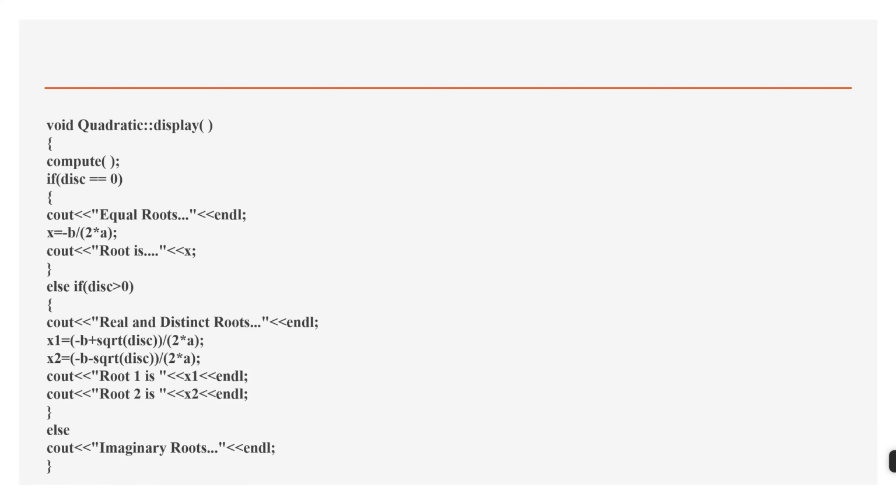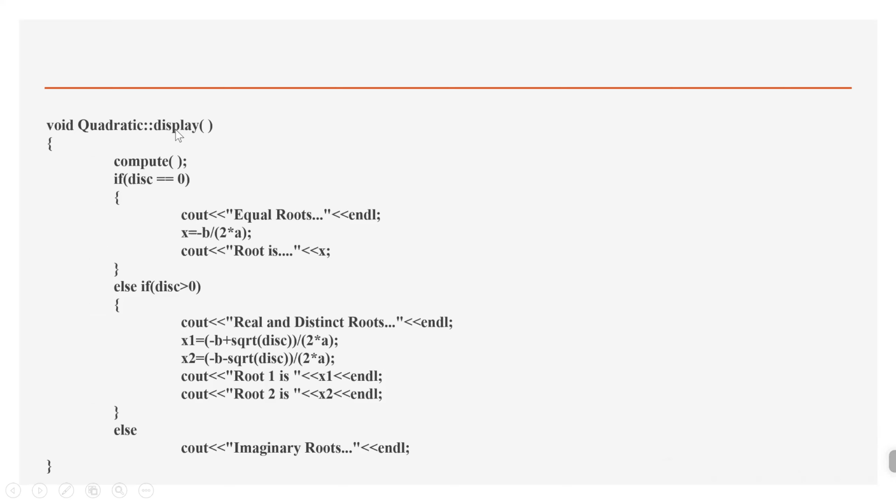So the display function is something which is very important, wherein the actual if condition takes place or works out.